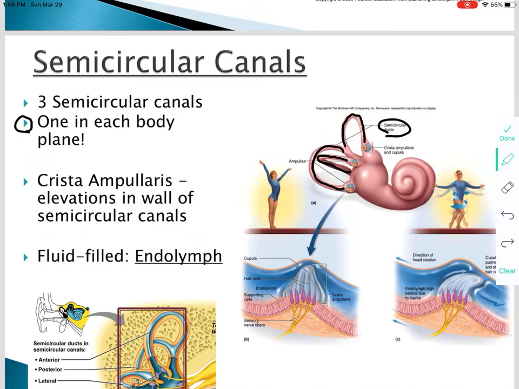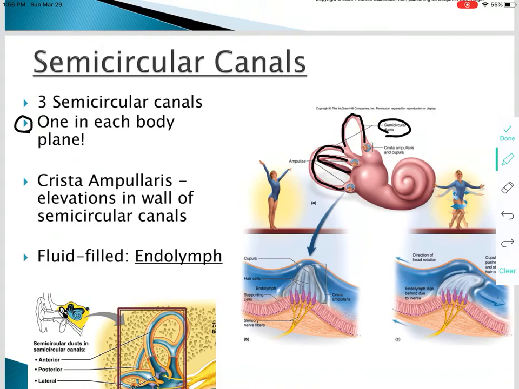And this one is located in the plane that divides us into top and bottom halves, or the transverse plane. Excellent. So what that means is, because they're in each plane, no matter what direction you're moving, front and back, side to side, twisting, there's a semicircular canal in each plane. So no matter how you're moving, there's a semicircular canal that's going to be able to pick up that movement.